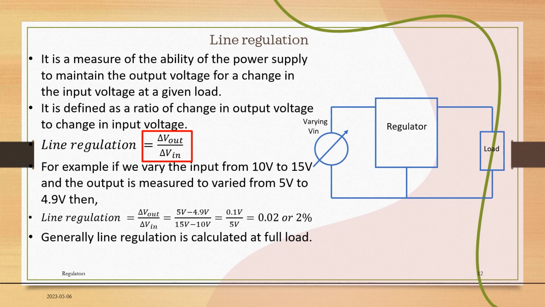Then line regulation is given as delta V out by delta V in, that is equal to 5 minus 4.9 volts divided by 15 volts minus 10 volts. This is equal to 0.02 or 2%. Line regulation is calculated at full load.